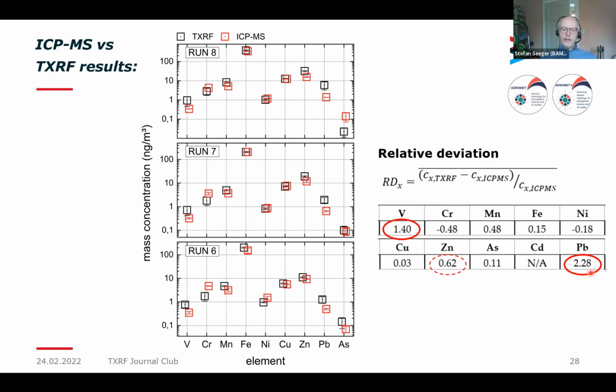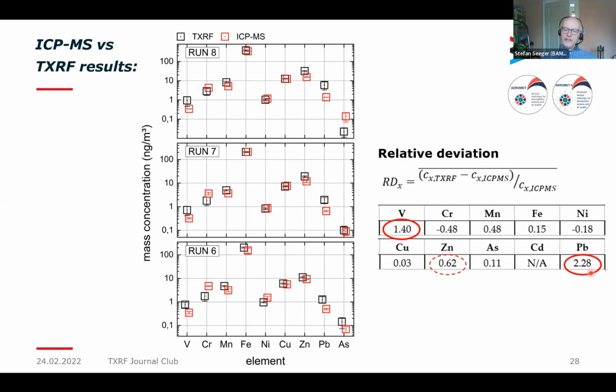And also, surprisingly, vanadium was not very good, and that is partly due to the standard fitting routines which we used here, and there's some potential for improvement if you improve the routines, but that is a different story which we will work on in the future.